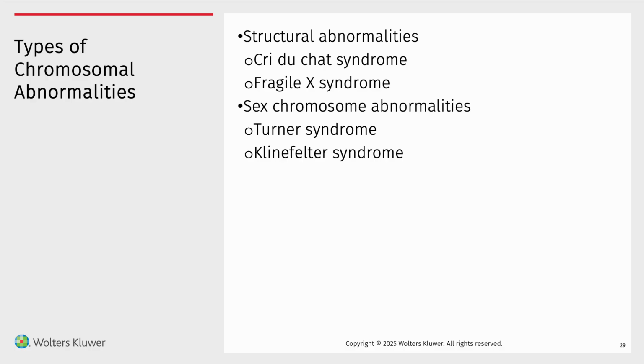So why is this relevant to nurses? Because nurses should be aware of the syndromes so you can recognize them early and refer to genetic counseling and be supportive to your patient. Understanding these helps educate families about the prognosis and management.